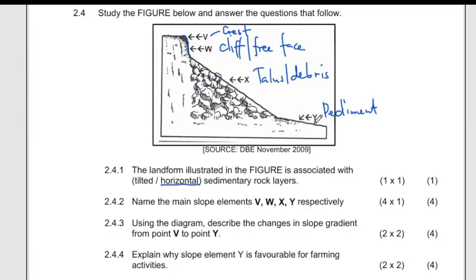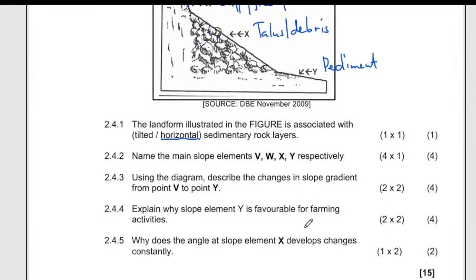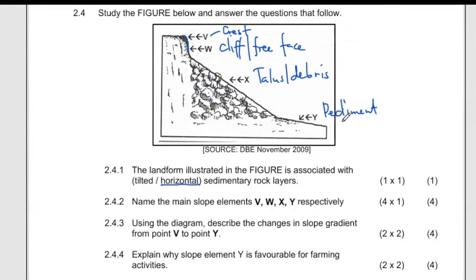2.4.3. It says, using the diagram, describe the changes in slope gradient from V to Y. We are looking at the crest to the pediment. Let me use a space to explain how the slope changes. Our illustration looks like this.